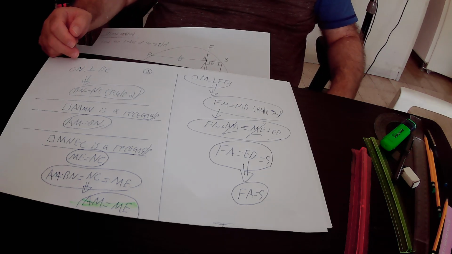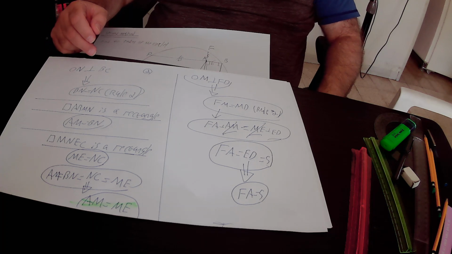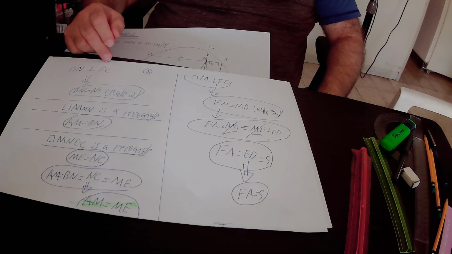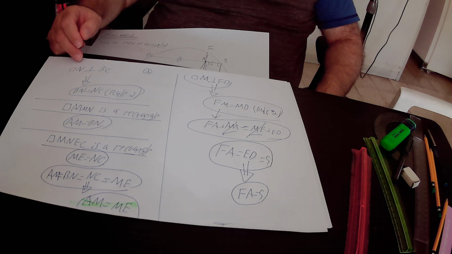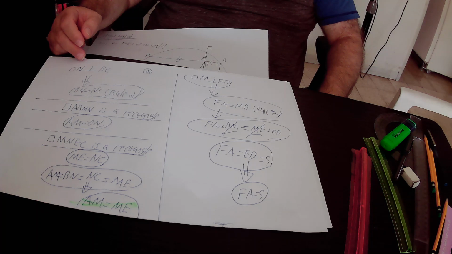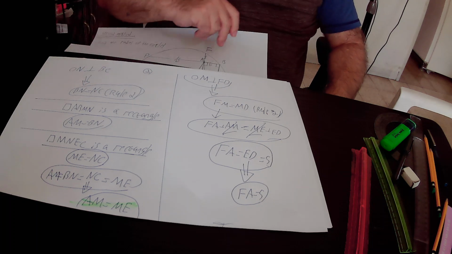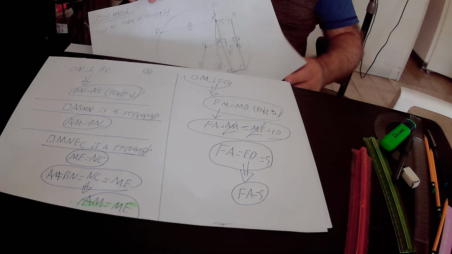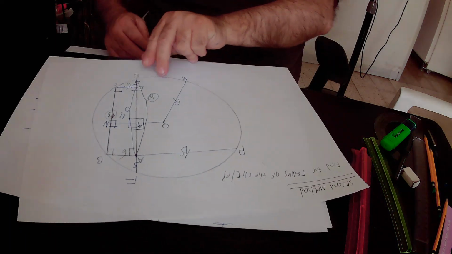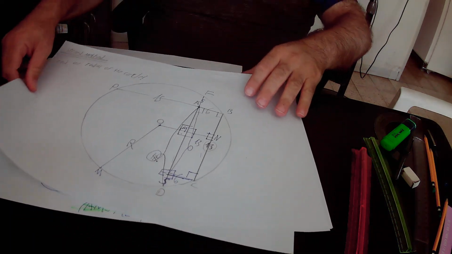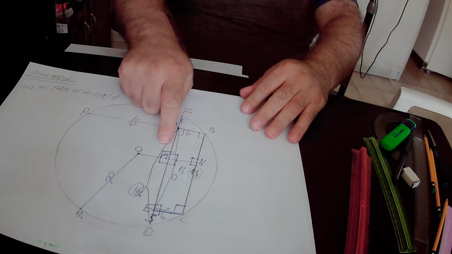Again, because of the fact that ON is perpendicular to BC and ON exists from the center of the circle, that is to say from point O, it also bisects chord BC. That is to say BN equals NC according to rule number 2. Then we focus on quadrilateral ABMN.